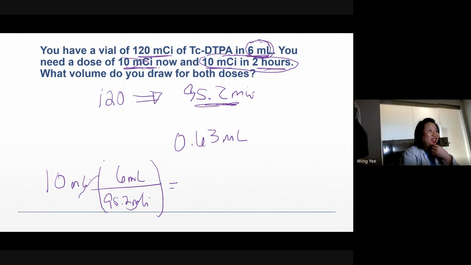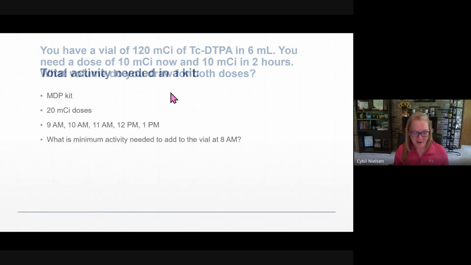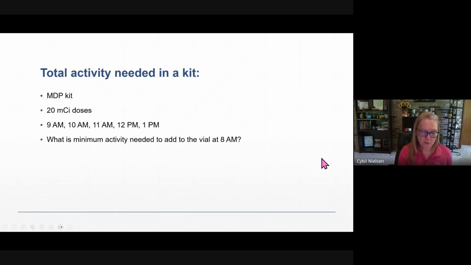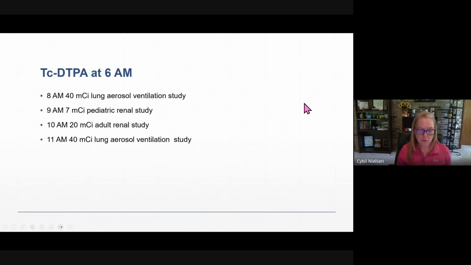I put 120. Okay, all right. Well, that would do it. All right. This one I'm going to give you the answer for. This is the total activity you need to put in this kit to make these doses. The answer is 143. And we'll go ahead and work through this one together.